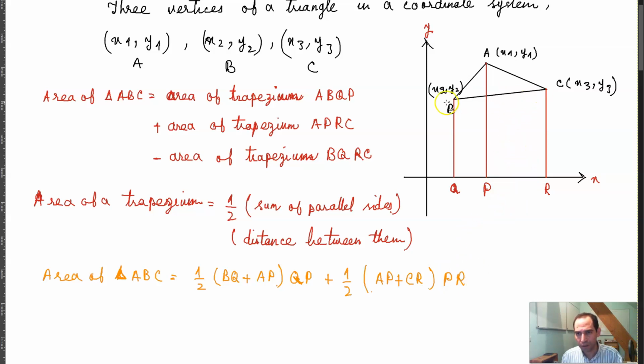And minus this trapezium here, and in this trapezium basically the parallel sides are BQ and CR, so I can write negative 1/2 (BQ plus CR) times the distance between them, which is QR.